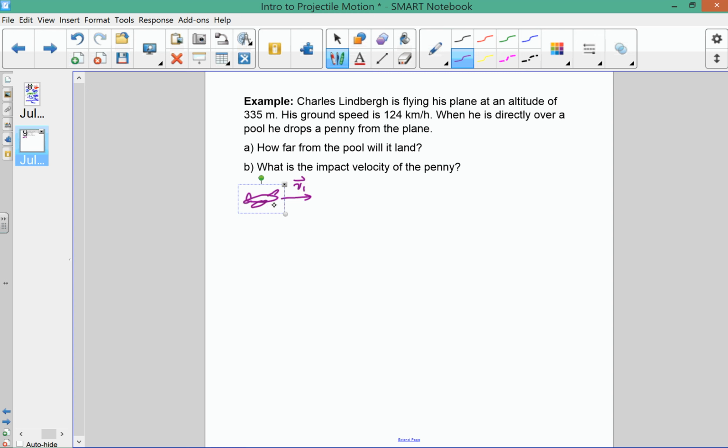So as it falls, it's going to have a parabolic trajectory because it's got some initial horizontal velocity, and it's going to be accelerating due to gravity. In this case, the initial distance above the ground is 335 meters. We need to figure out what this displacement in the x direction is.